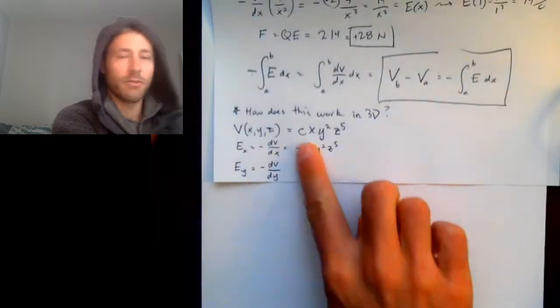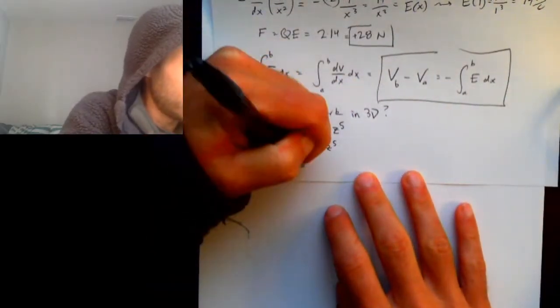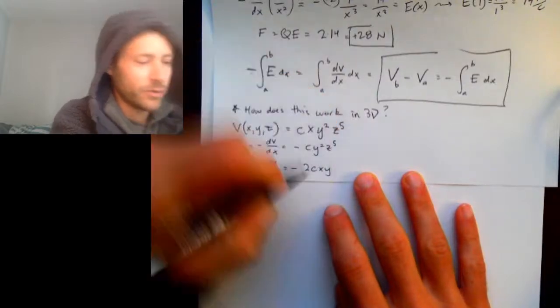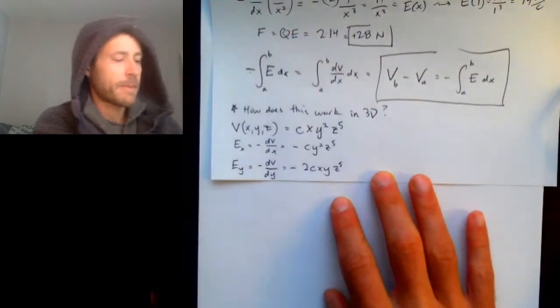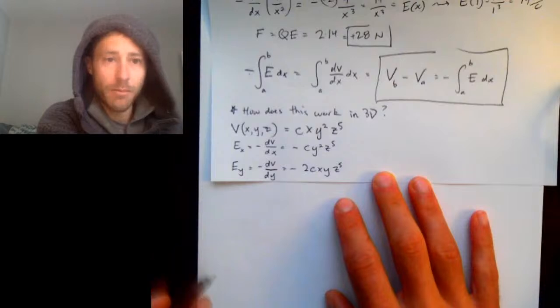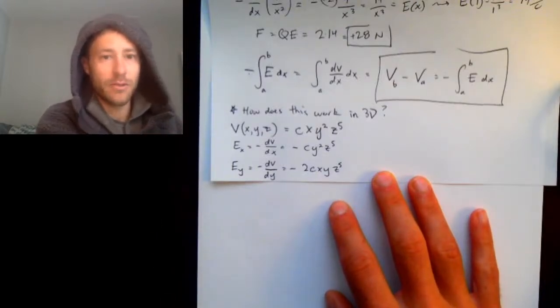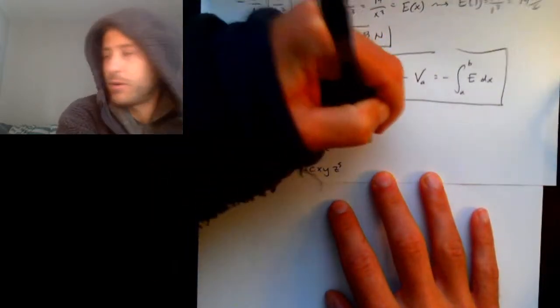All right, and I leave everything else the same. So I get minus 2c x y, so here's the 2y, z to the 5th. All right, so the y component of the electric field depends on x, y, and z. And then the z component.